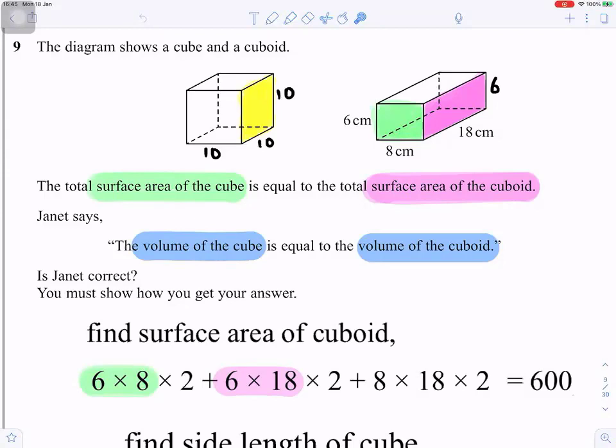So for example, if we look at this pink side of the cuboid, the area for that rectangle is length times width. So it's 18 times 6. That gives us the area for that pink side. And because there are two of them, there's one on this side and one on the other side, you times by 2.